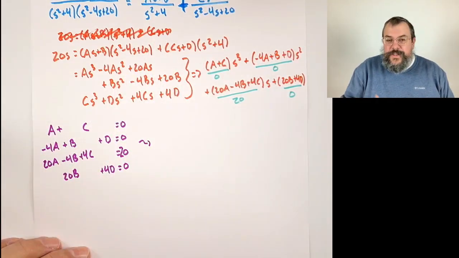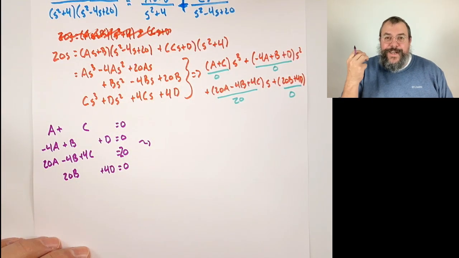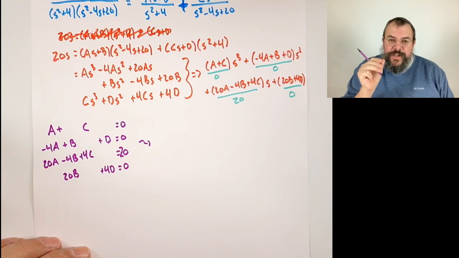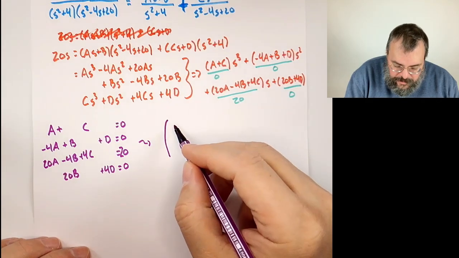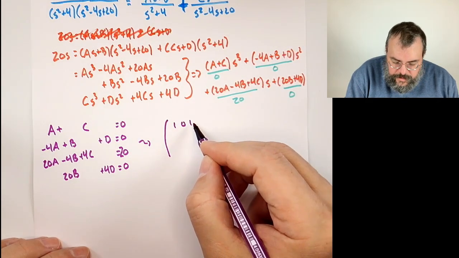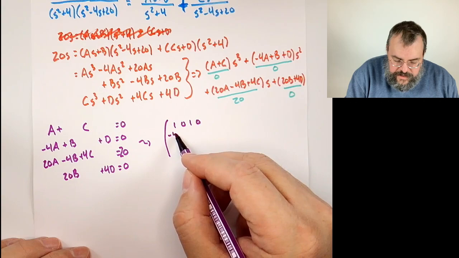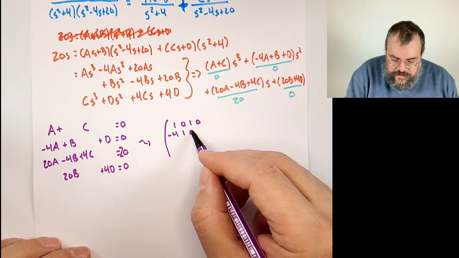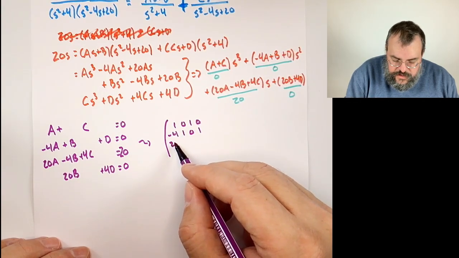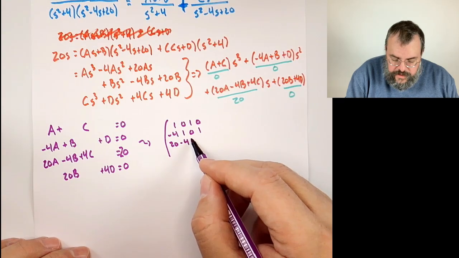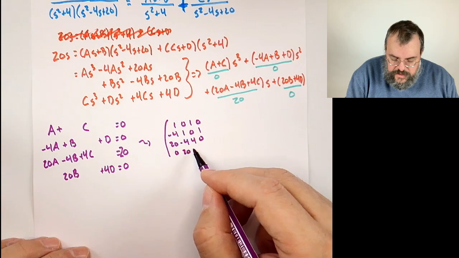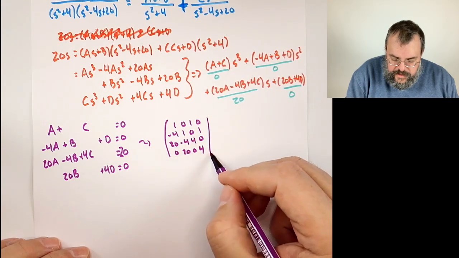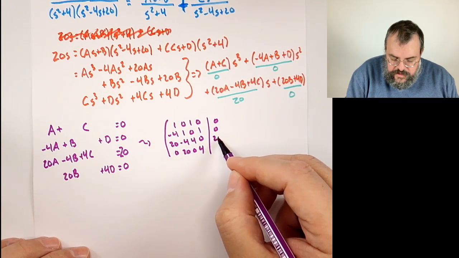All right, so if we think about this as an augmented matrix, the augmented matrix is really saying, here's this system of equations. We're just going to use a matrix to help us shorten our notation here. So we're going to have 1, 0, 1, 0, minus 4, 1, 0, 1, 20, minus 4, 4, 0, and 0, 20, 0, 4, 0, 0, 20, 0.